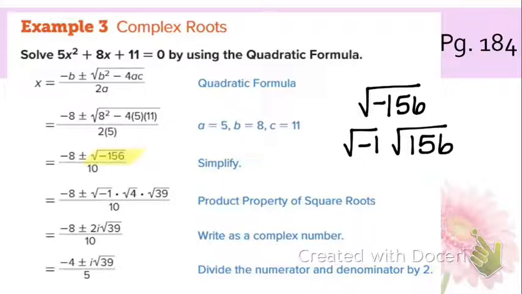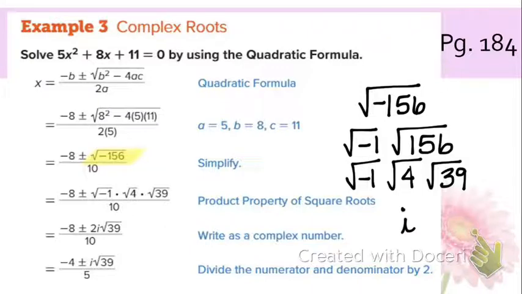And the perfect square that divides into 156 is 4. So the square root of negative 1 is i, the square root of 4 is 2, and the root 39 would have to stay. So that's how they got this. I just want to make sure you understand how they got that 2i root 39. That's how they went from here to here.